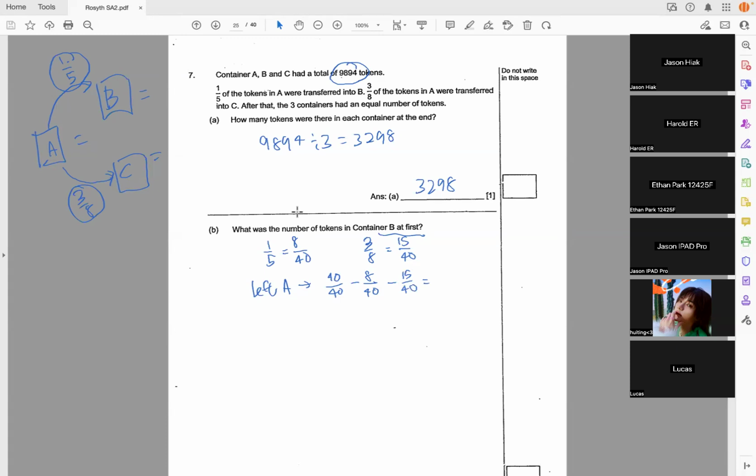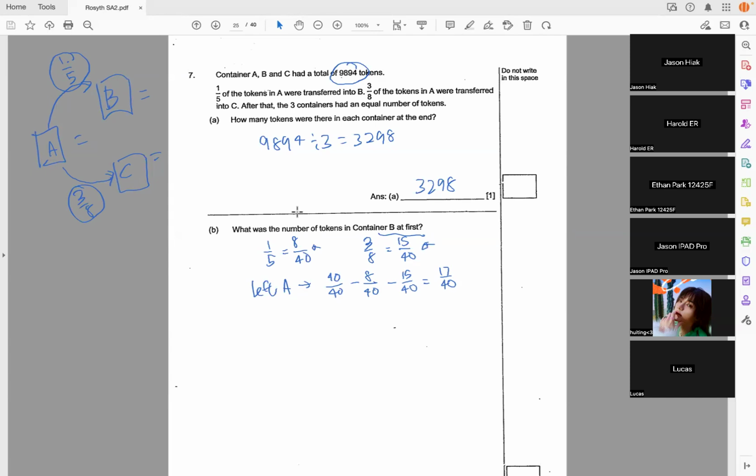So what is left will be 17 over 40. So 17 over 40 of A's tokens is left after it transfer this amount to B, and this amount to C, all right?